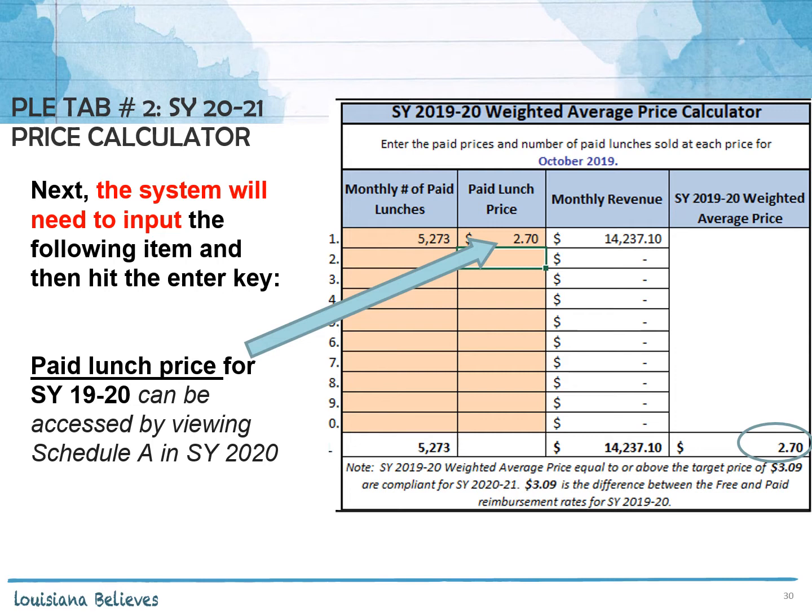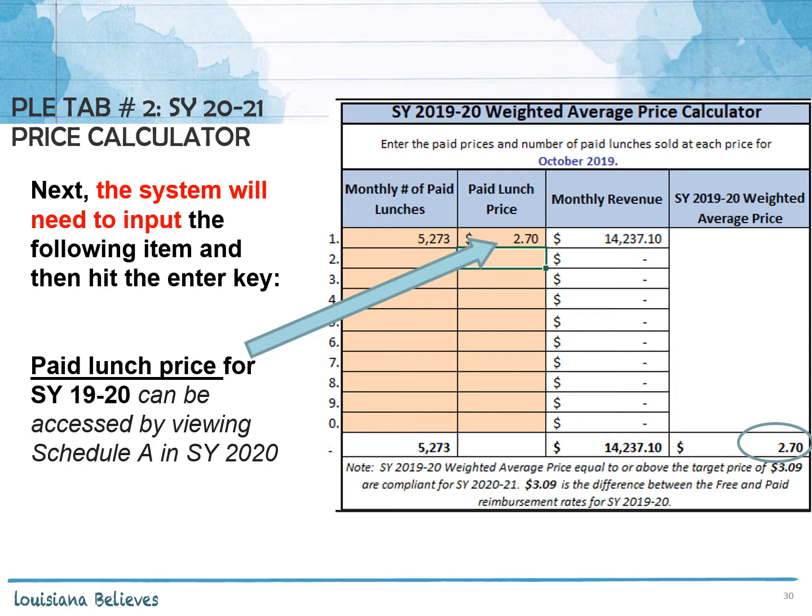We said we charged $2.70 for all paid meals at all age grade groups. As a reminder, you can review your paid lunch price for school year 2019-2020 by viewing the Schedule A in school year 2020. The spreadsheet will auto-populate the monthly revenue from the number of paid lunches and the corresponding price point.